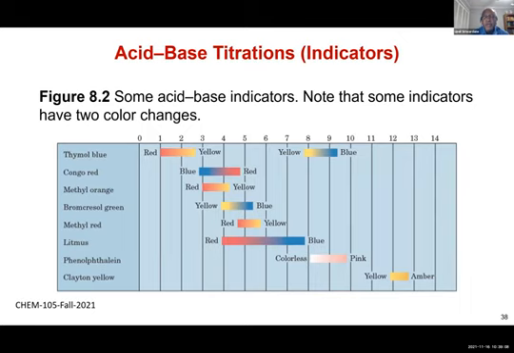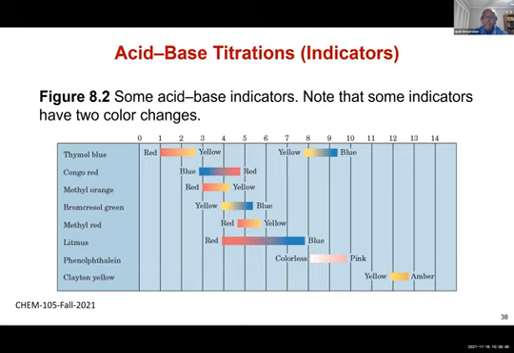If your titration changes color around pH 8 to 9, slightly basic, phenolphthalein is the one that is used. So you can pick an indicator which changes color at the pH of the equivalence point.